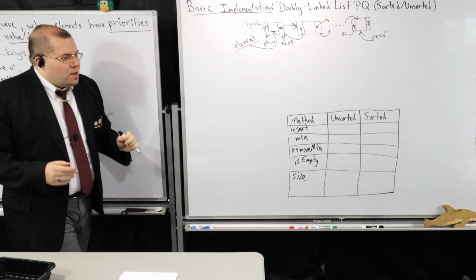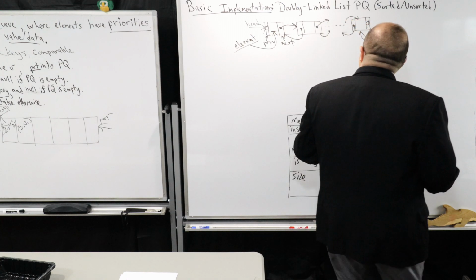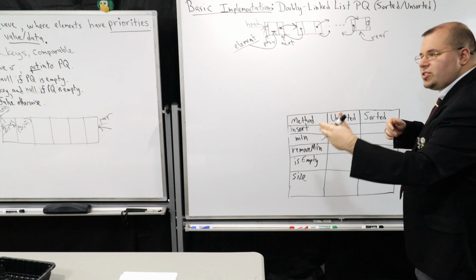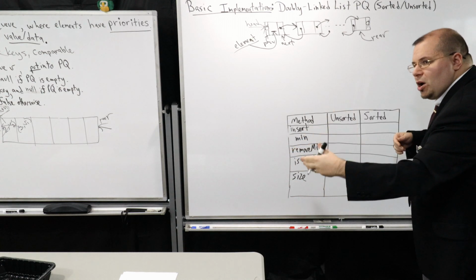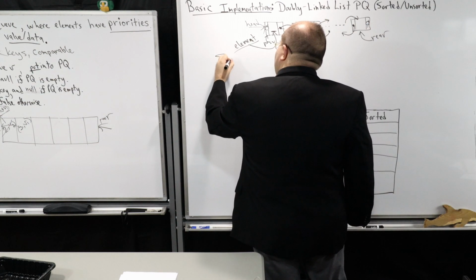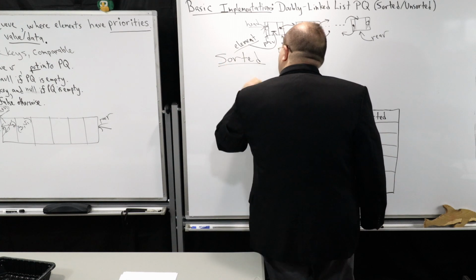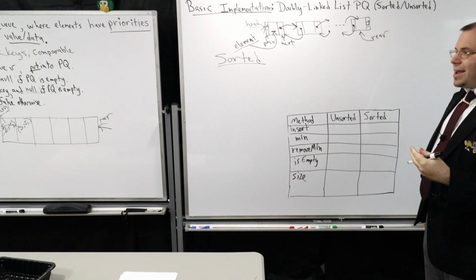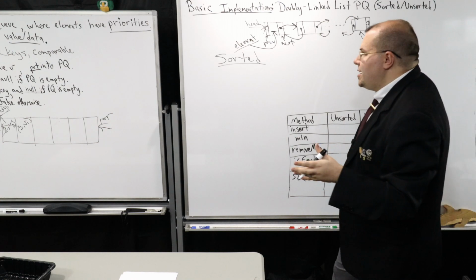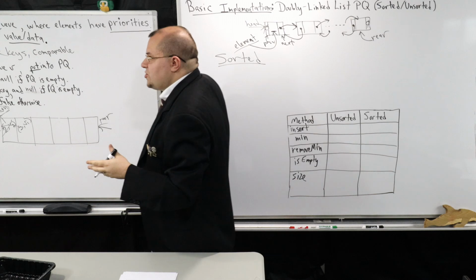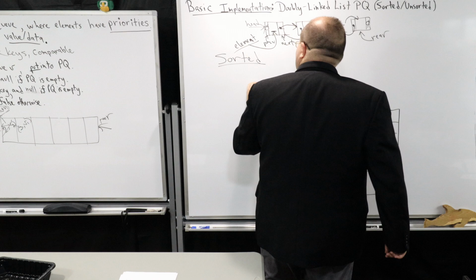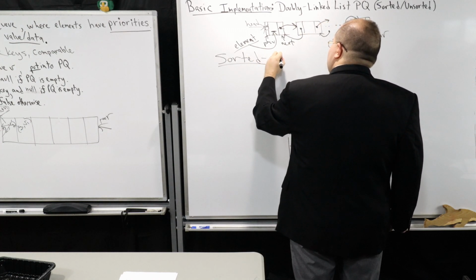So let's think about this. Imagine I want to maintain this doubly linked list so that the elements are sorted from highest priority to lowest priority, as in the smallest key to the largest key. So let's consider the sorted version first. The isEmpty, size, and min operations are all rather straightforward.